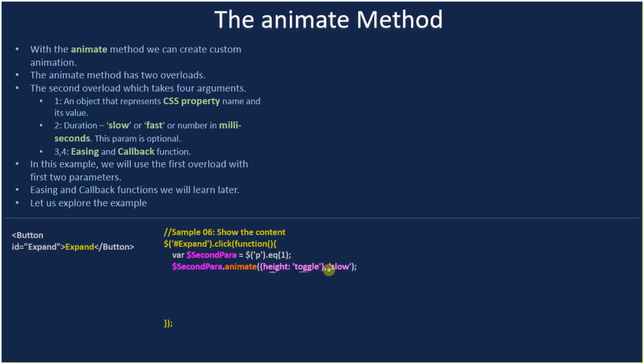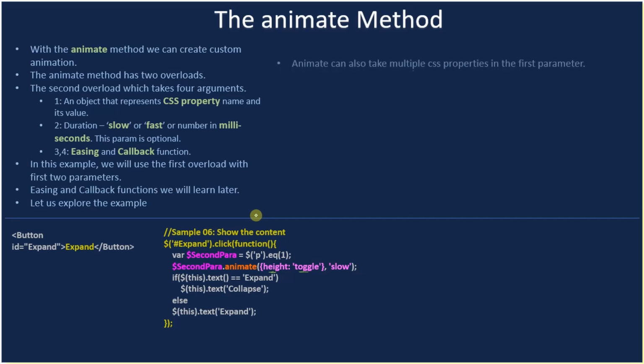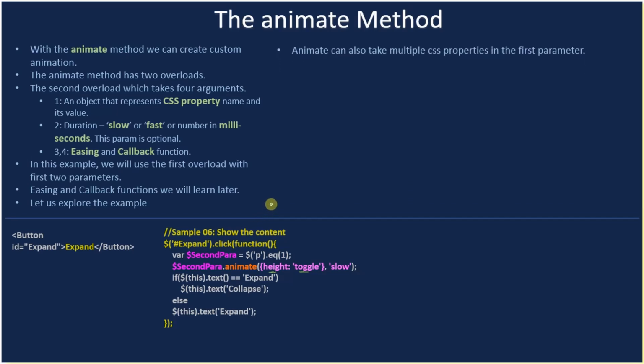Then for duration, we are giving slow. After that, this is the existing code to change the button text. So animate can also take multiple CSS properties in the first parameter, which we will see later. For now, we will go ahead with this and perform a demo and come back to this slide again.